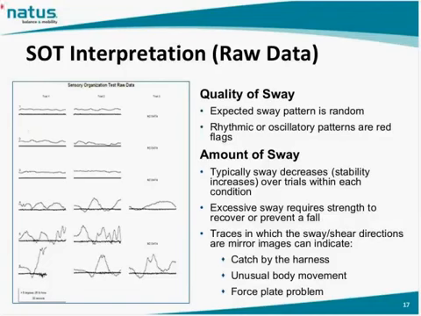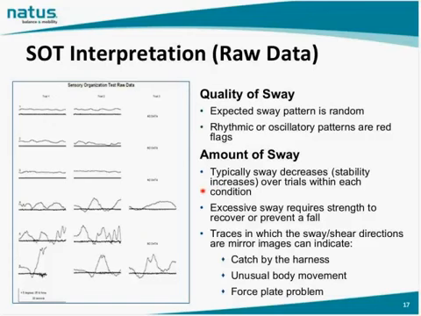What we want to know then from these data, the raw data, is what is the quality of the sway? You expect it to be relatively random, and if you do see rhythmic or oscillatory sway, then that is a red flag for a possible aphysiological assessment. Typically, stability increases over trials within each condition.